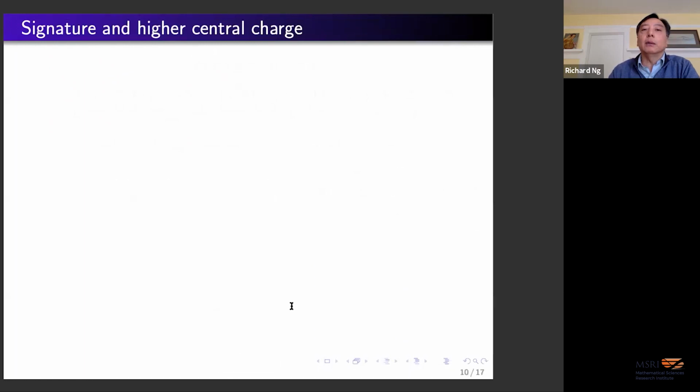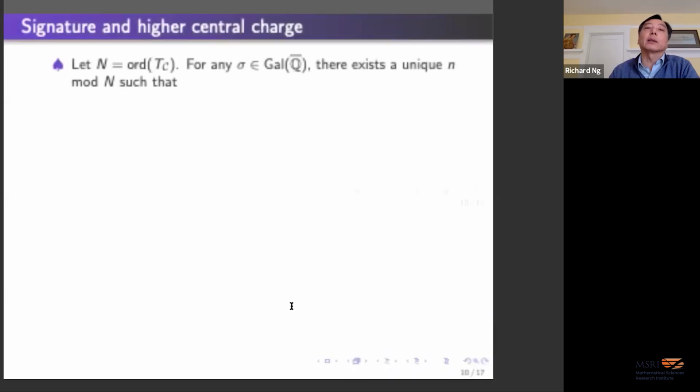Now this poses some difficulty, because the setting requires a number relatively prime to the order of the T matrix. So we would like to reformulate it by using the absolute Galois group. We can do it in the following way. Let n be the order of the T matrix.